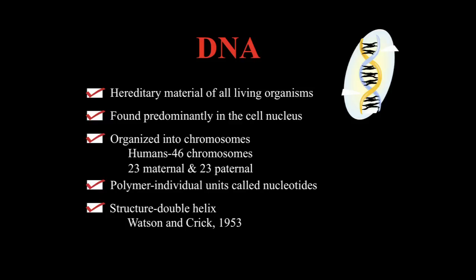Nuclear DNA, that is the DNA in the nucleus, is organized into chromosomes. Humans have 46 different chromosomes, 23 of which are maternal, 23 paternal. And these are associated with the standard DNA double helix described by Watson and Crick in 1953.